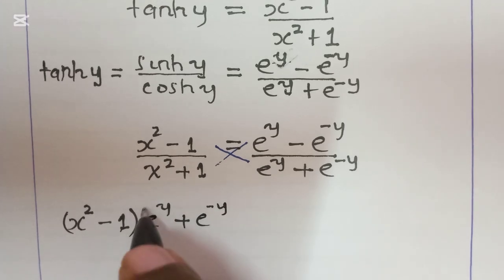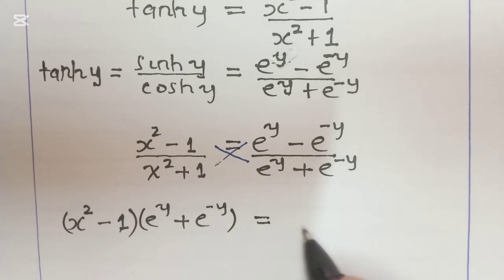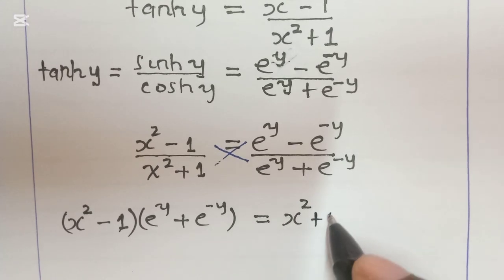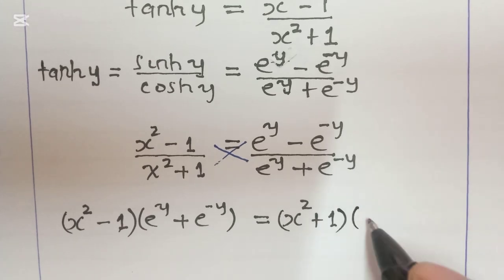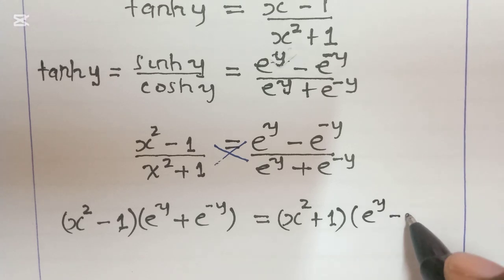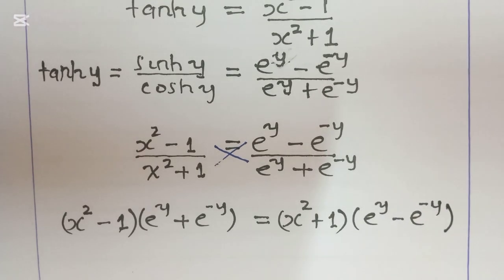This one now is equal to x squared plus 1 multiplied by e raised to y minus e raised to negative y, like that.